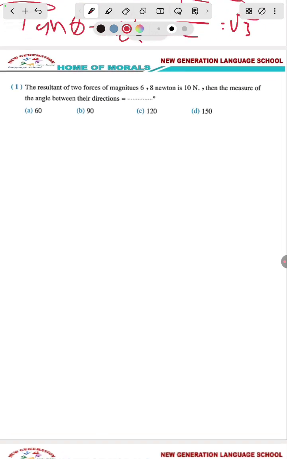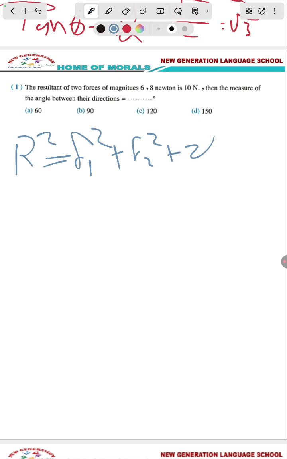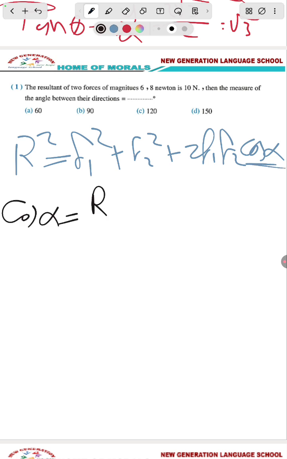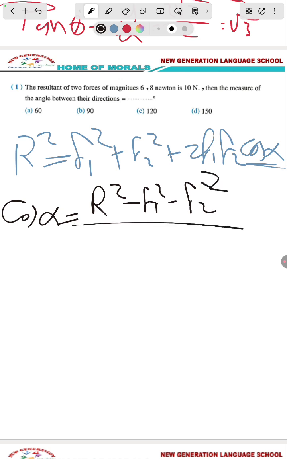And here, the resultant of two forces of magnitude 6 and 8 is 10. Then the measure of the angle between their directions: I have the rule, so R power 2 equals F1 power 2 plus F2 power 2 plus 2 F1 F2 cosine alpha. I can get cosine alpha by this rule: cosine alpha equals R power 2 minus F1 power 2 minus F2 power 2 over 2 F1 F2.